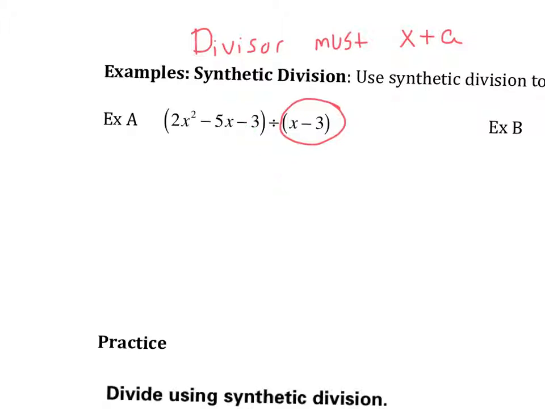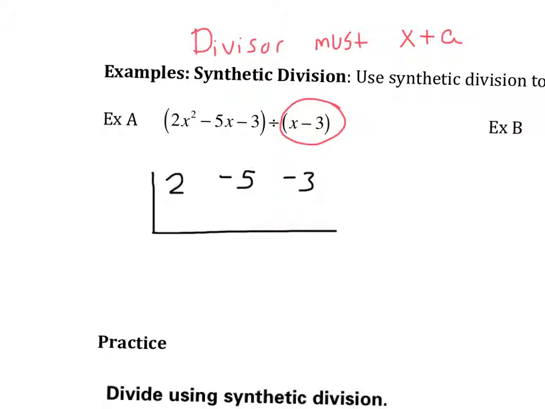And we simply write that: 2, -5, -3. Give yourself a little space. Now, we're going to put a box around it, but also leave some space underneath, because we're going to be writing some terms inside that.